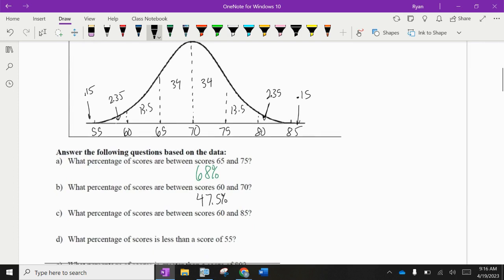Try the next one. What percent of scores are between 60 and 85? Answer it on your own first.